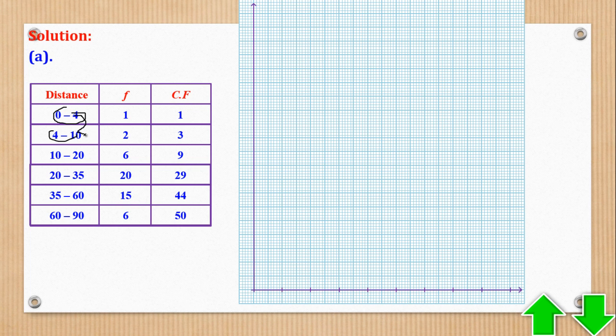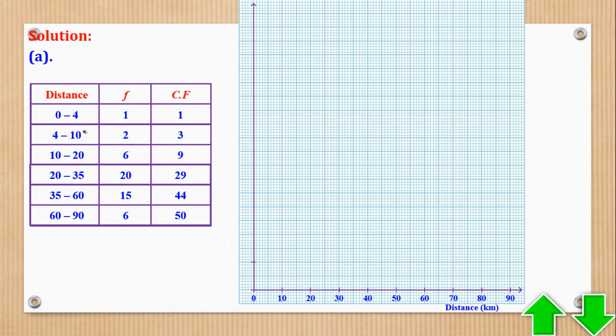From 4 you go to 10, from 10 you go to 20. If you just plot these as they are, your graph will have a non-uniform scale. So make sure you get a scale which is uniform. For example, here I use the spacing that each 2 centimeters represents 10 units. That is okay.